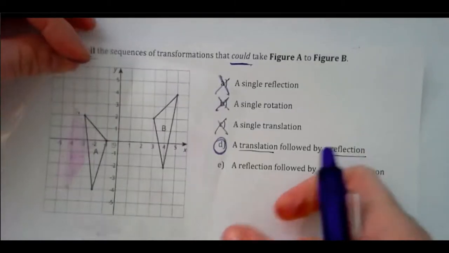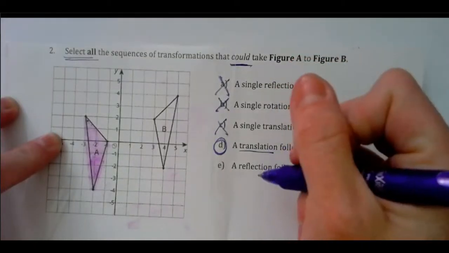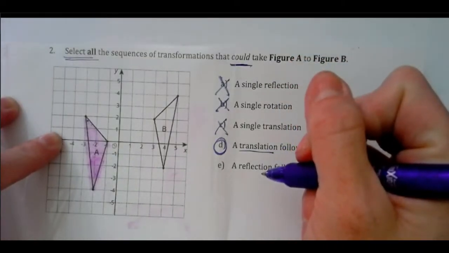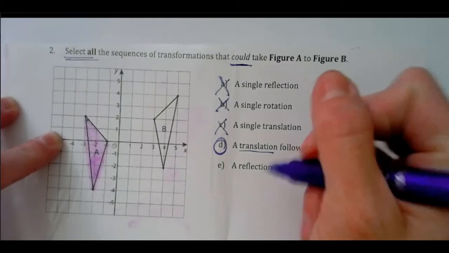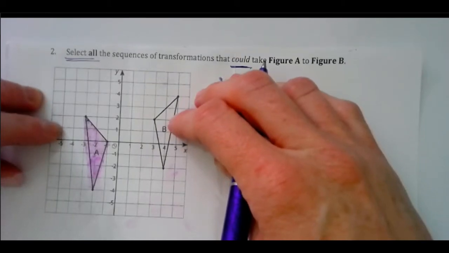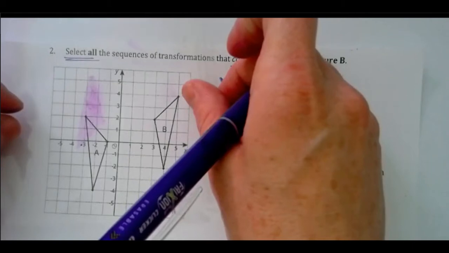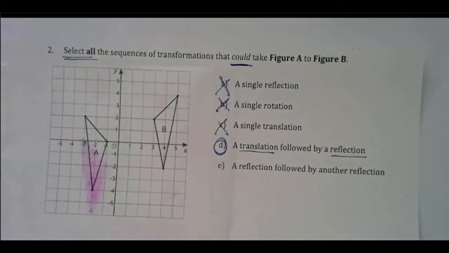my marker's going away here, but there are no options to reflect twice, as far as I can tell. Because even if I reflected this way, so let me darken this a little bit here.